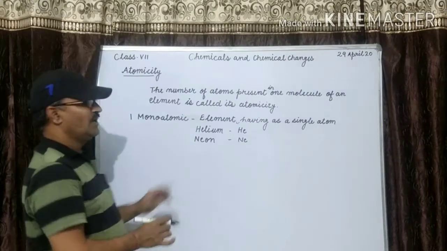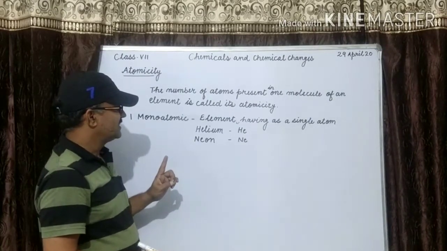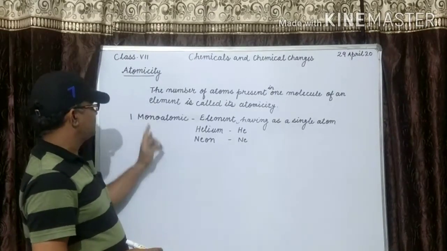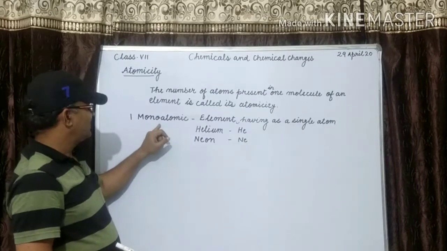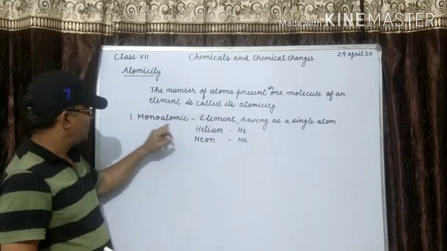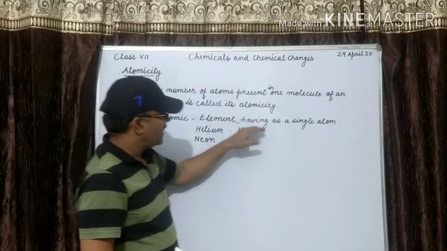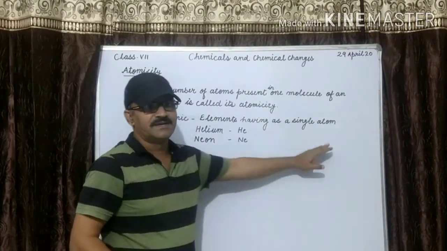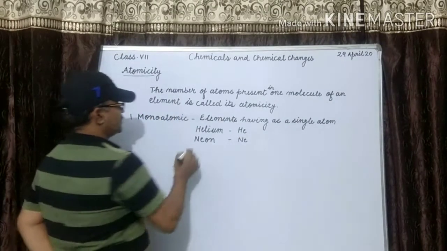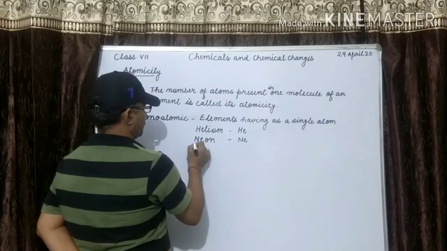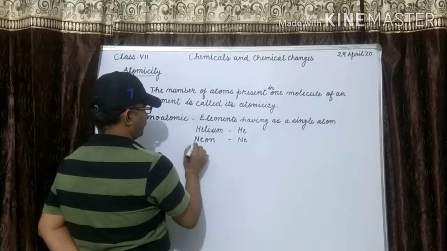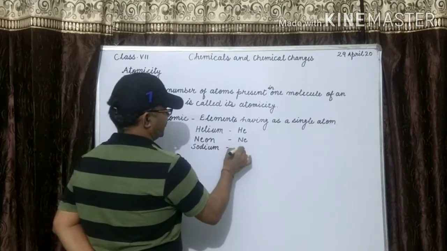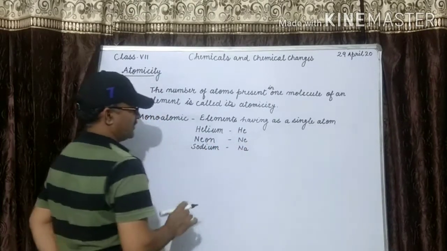They have only one atom in their elements, so the atomicity is 1 and they come in the category of monoatomic. So monoatomic is clear, elements having a single atom. Another example, sodium, Na. Clear?